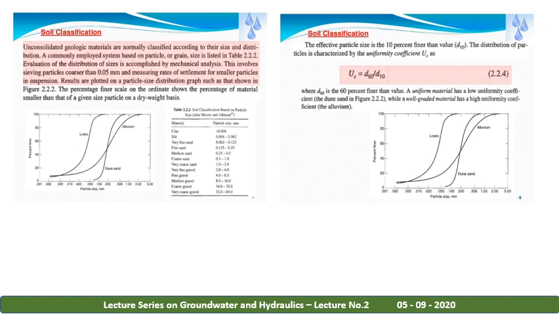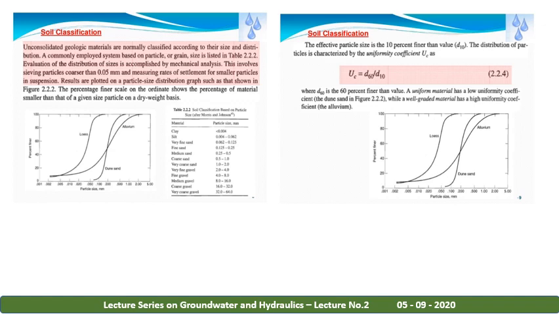Next is soil classification for the aquifers. Unconsolidated geological materials are normally classified according to the size and distribution. A commonly employed system is based on particle or grain size. Evaluation of the size distribution is accomplished by mechanical analysis.